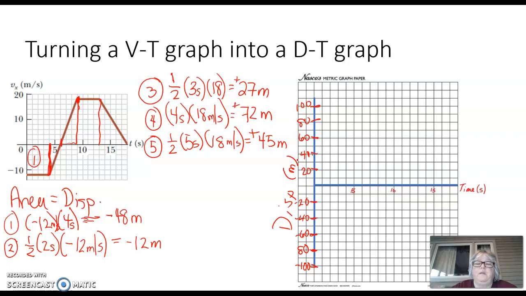Okay, so we start at the origin, and for our first 4 seconds, we go down to 48 meters. So 48 meters is approximately 50. Now, we have to remember, here we're traveling at constant speed, constant velocity, so that is going to be a nice, straight as I can get it, line. In region 2, we were accelerating.